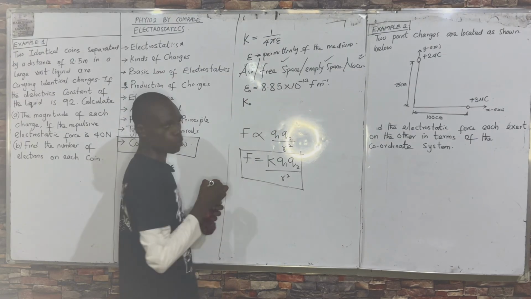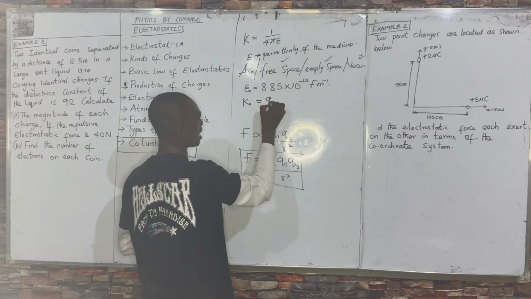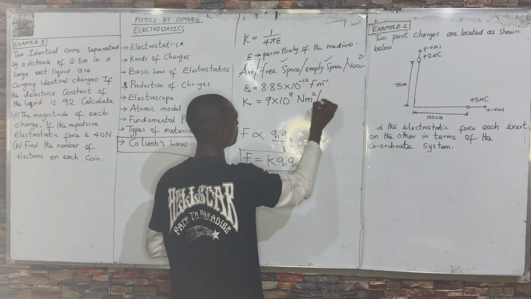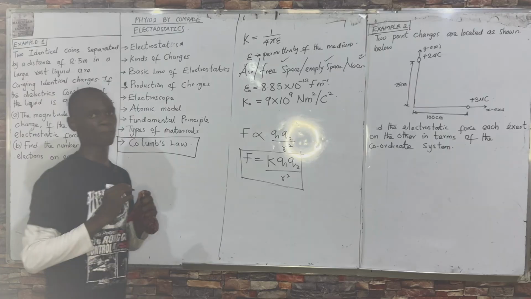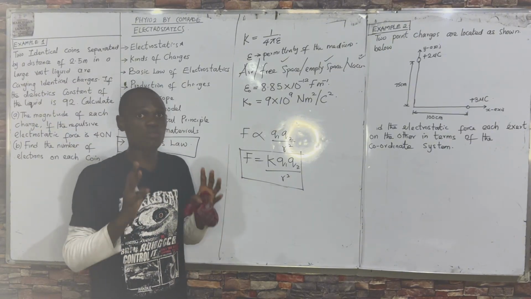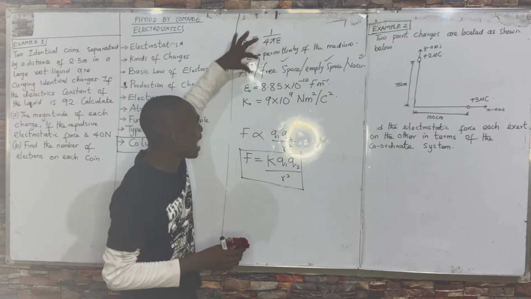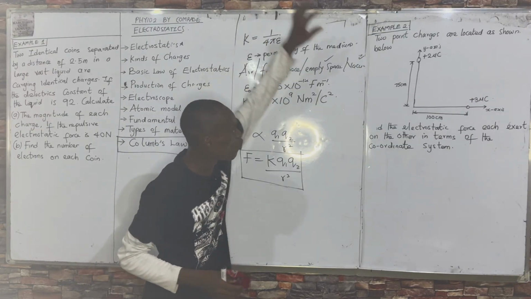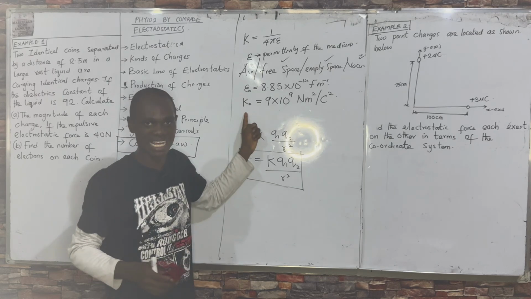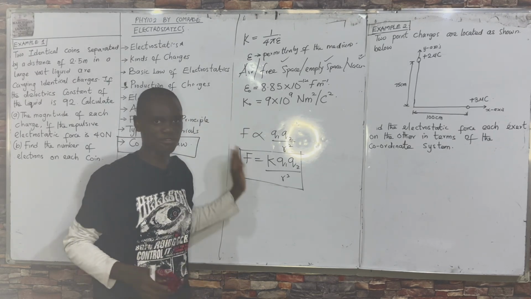That's E naught. If we replace E naught here, this K becomes K naught. And K naught value is 9 times 10 raised to the power 9 Newton meter square per Coulomb square. So if the medium of interaction of the two charges is air, free space, empty space, or vacuum, E becomes E naught, K becomes K naught, and these are constant values.